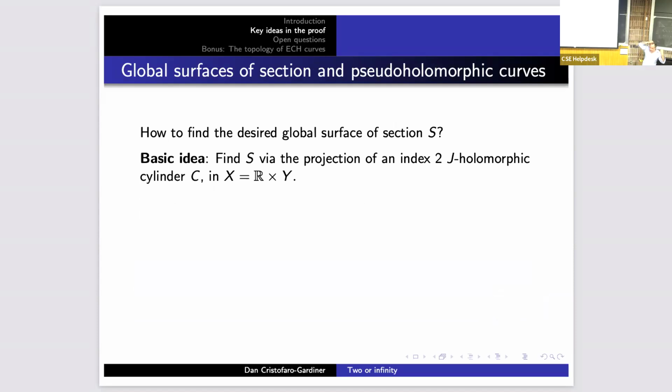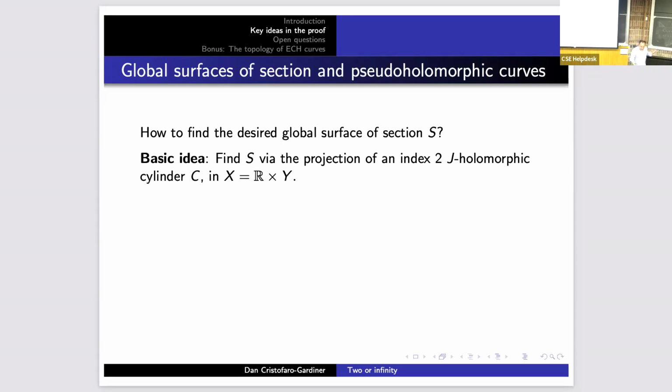It's supposed to be an annulus. So instead of finding it directly, we're going to look at my 3-manifold cross R and use the theory of J-holomorphic curves. In particular, I'm going to try to find a cylinder in R cross Y projecting to the global surface of section. And it turns out that the right cylinder you want has index 2.